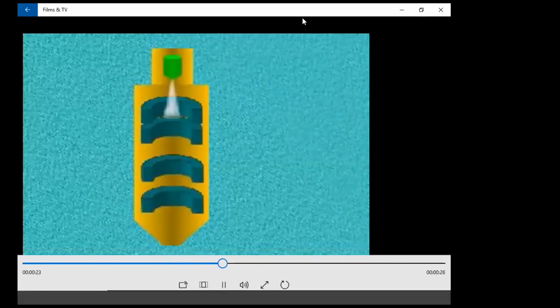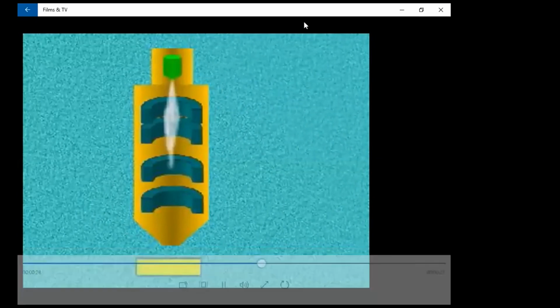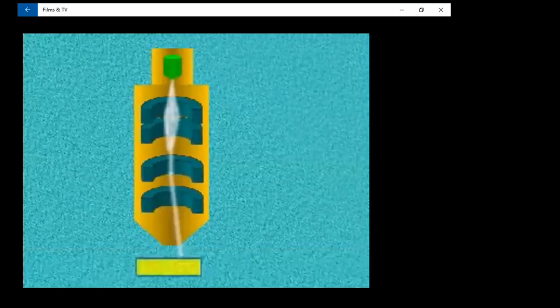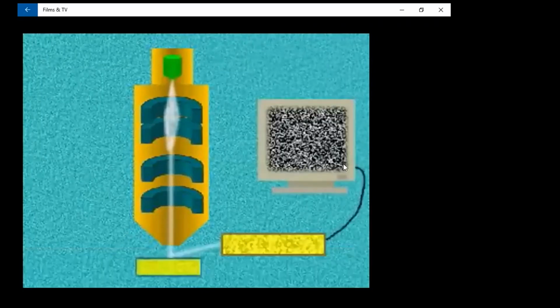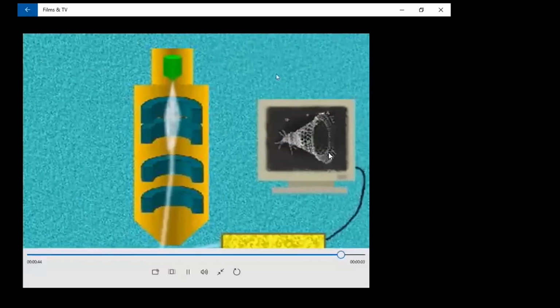The scan coil makes the beam play over the target, and the objective lens helps to focus the image. As the beam plays over the target, secondary electrons are released. These are gathered by the detector, amplified, then fed to the display, where the final image is created. I hope it is clear now.